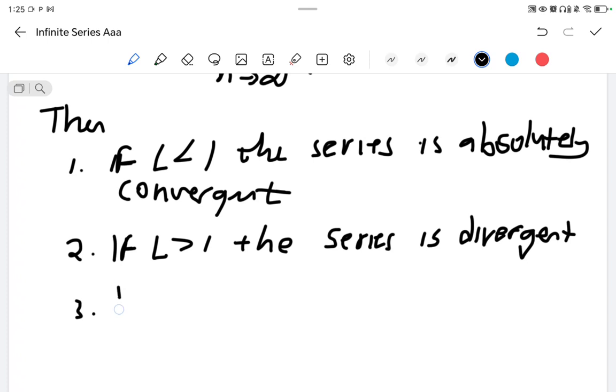The third case: if L is equal to 1, then the series may diverge.